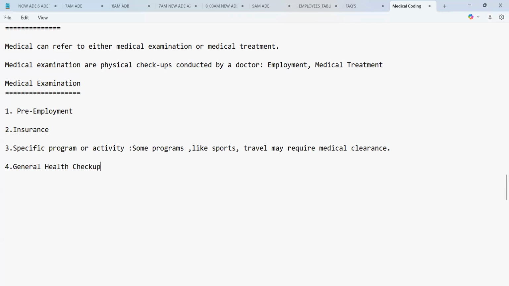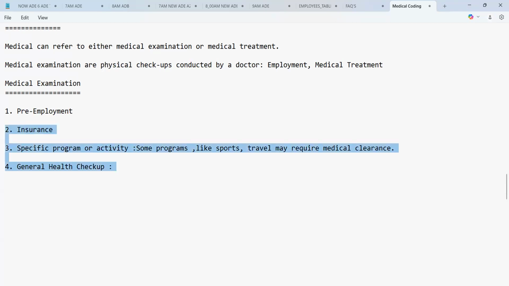Regular checkups can help detect potential health problems in the early stages, in the near future. These are the medical examination purposes, we can say, guys.